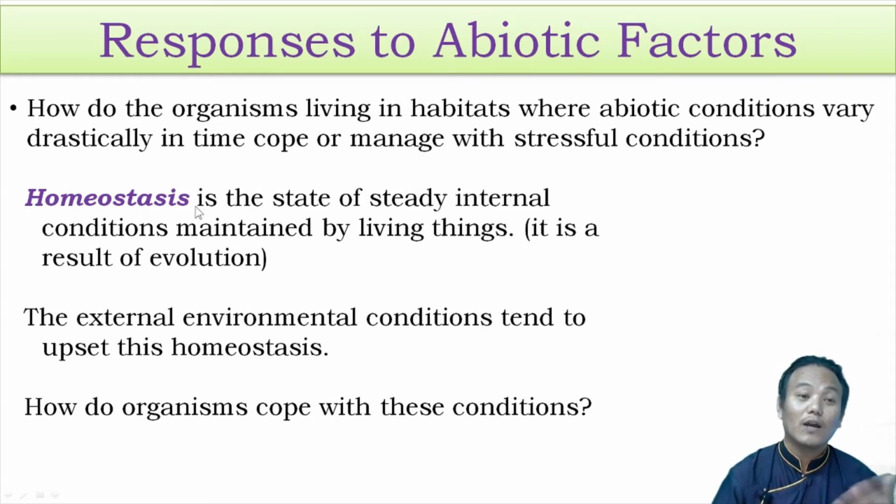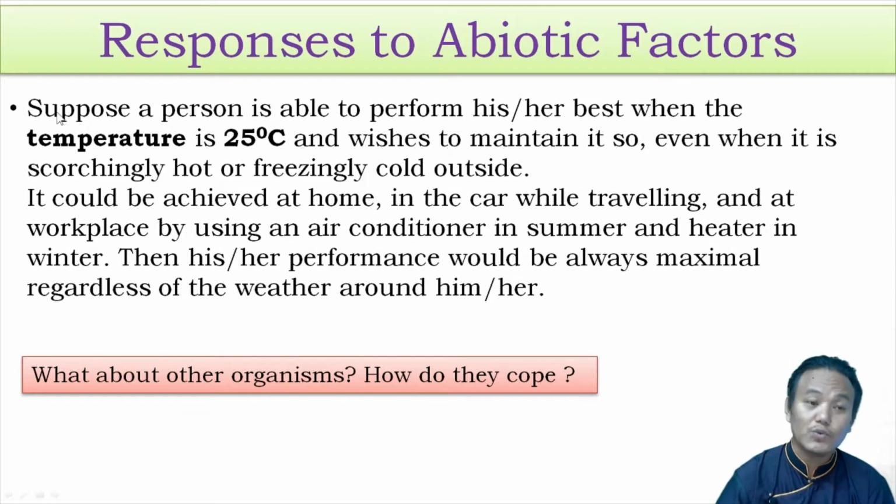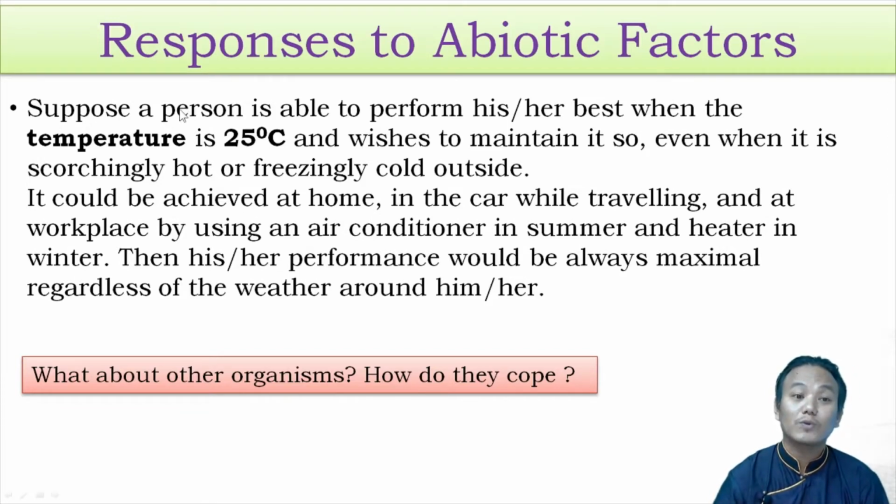Now let us look at how we human beings, as organisms living in a particular habitat, cope with changes in the abiotic conditions. There is a situation given in your textbook. Suppose a person is able to perform his or her best when the temperature is 25 degrees Celsius, and that person wishes to maintain the temperature at that level even when it is very hot or very cold outside.